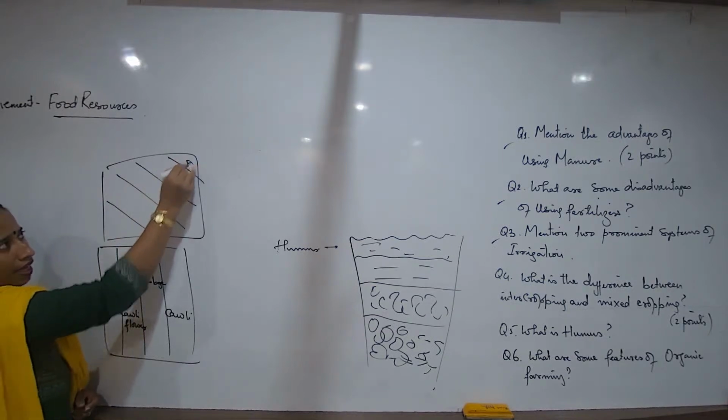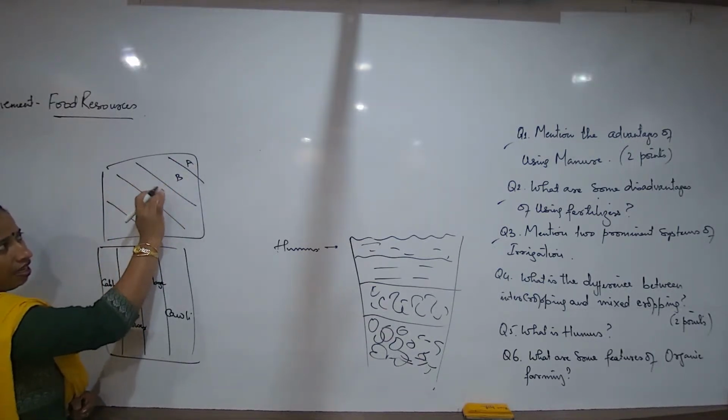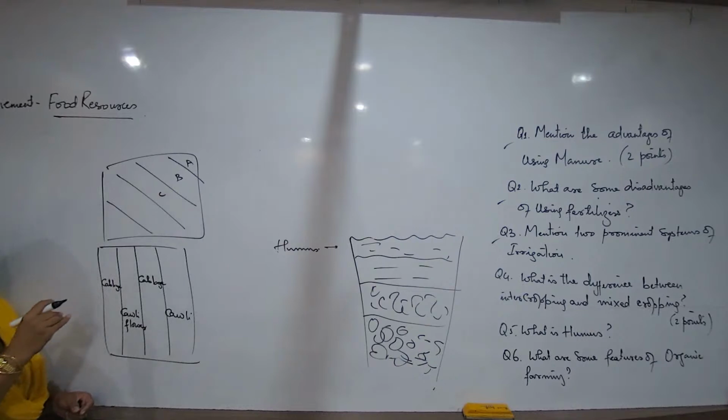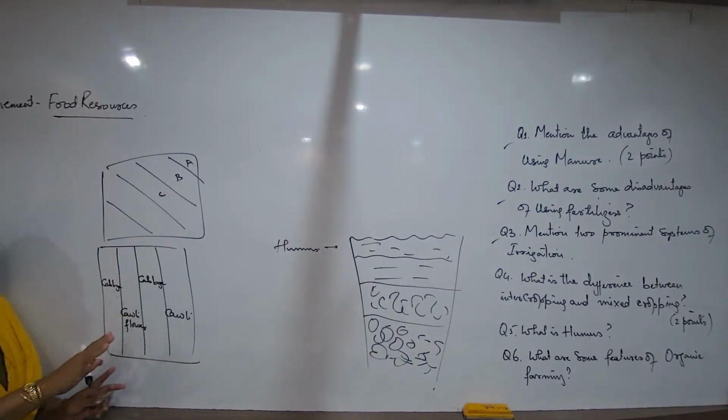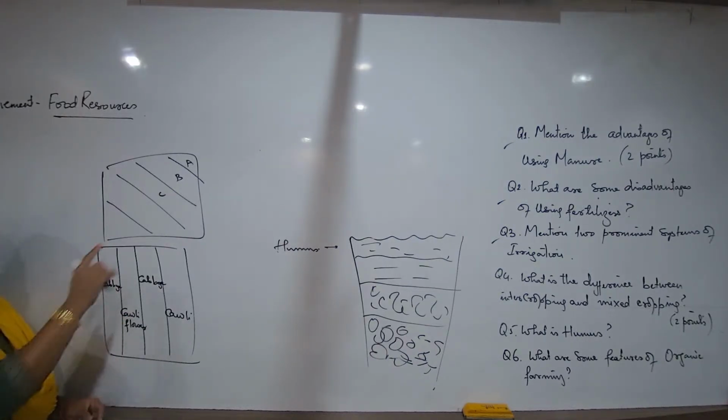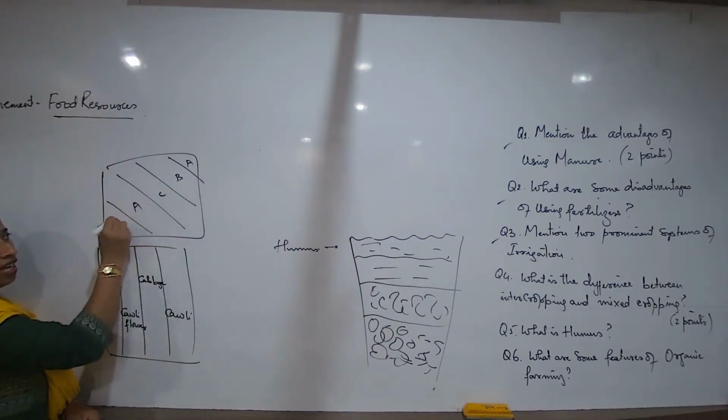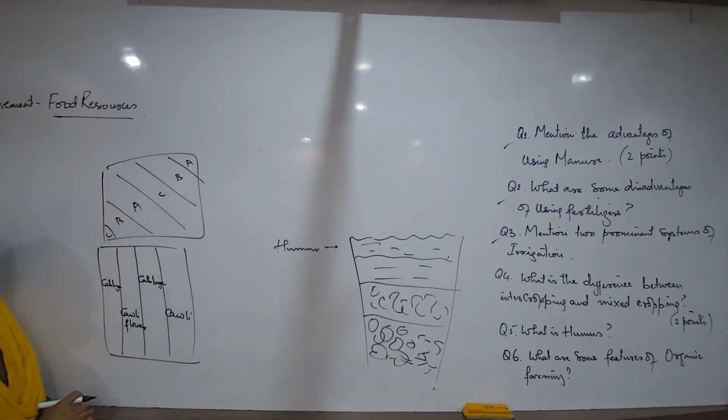If I divide the land so that here there is A, B, C, then I should again try A, B, and C. This is called intercropping. Can I grow any type of crops?